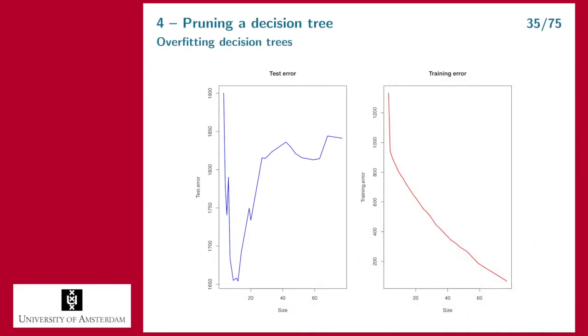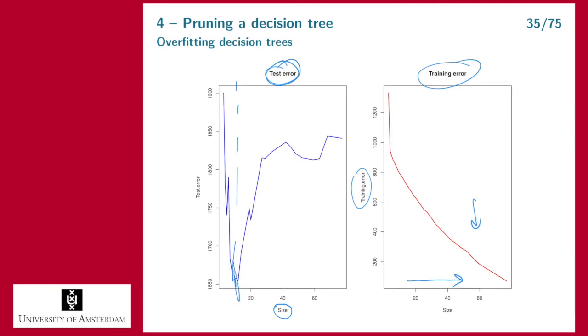What I do now is I create many trees, each with a different size. And I look at the test error and the training error. If you look at the training error, we see that if the size of the tree increases, so if you add more and more nodes, your training error will always go down. So if we only look at the training error, large trees are always better. But if you look at the test error, you see that there is a minimum here.